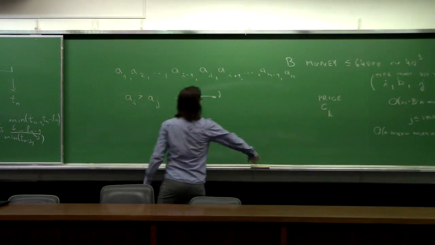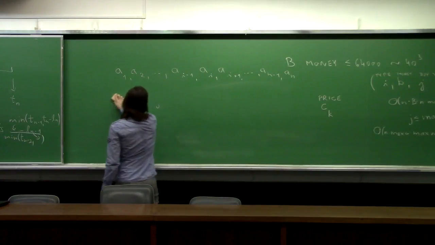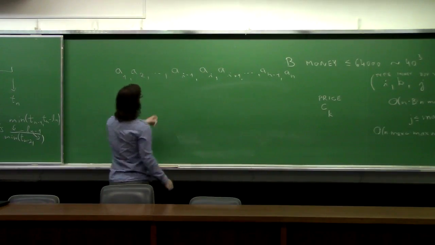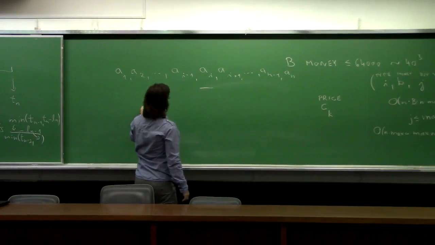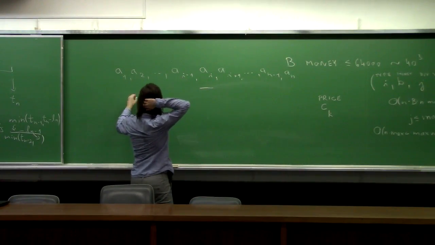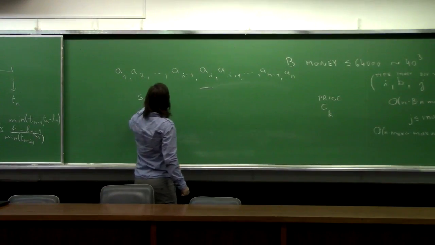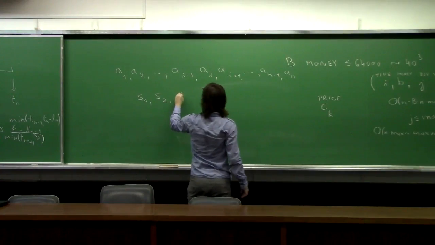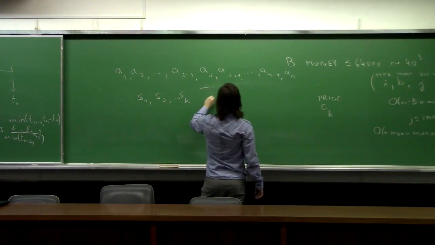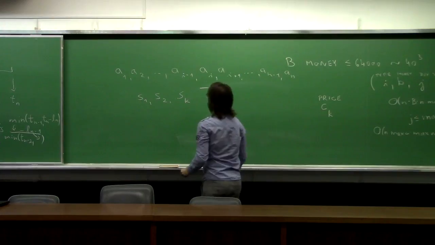So let's say we process this Ai, and so far we have found some S1, S2, and so on, Sk, and then we want to process Ai.